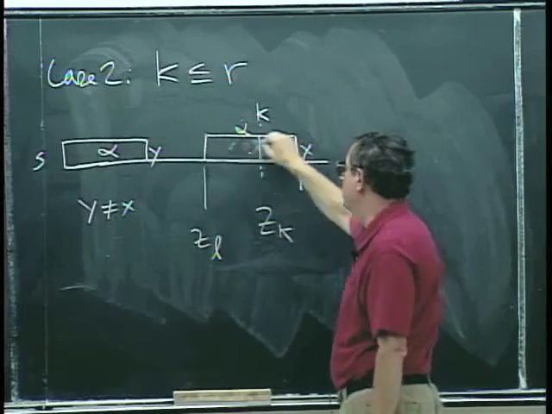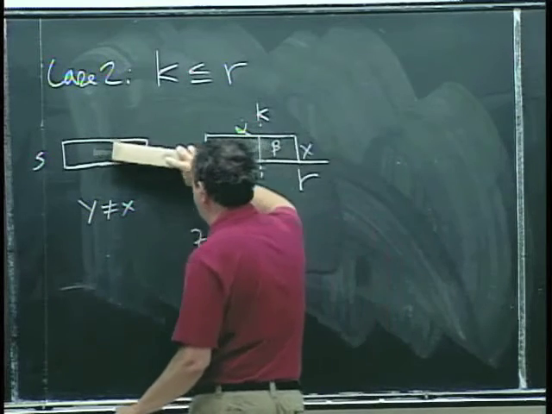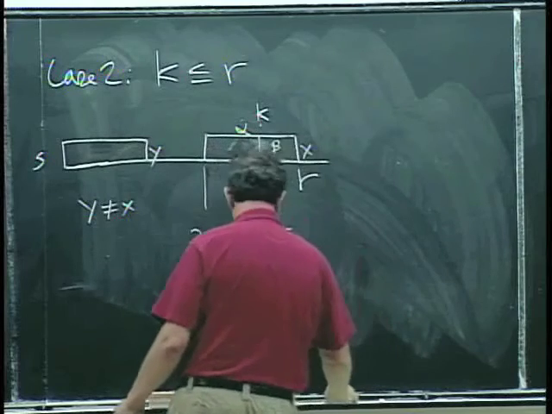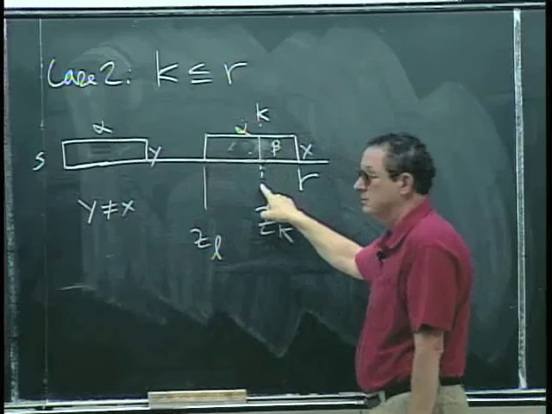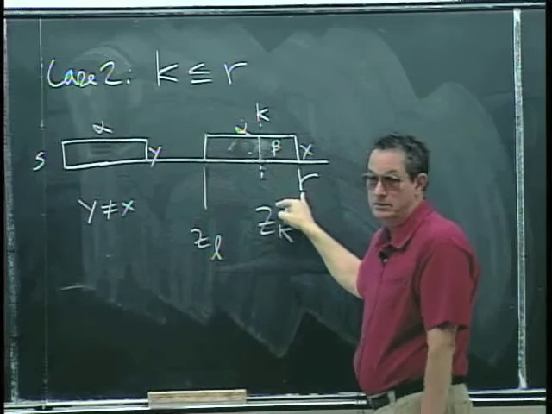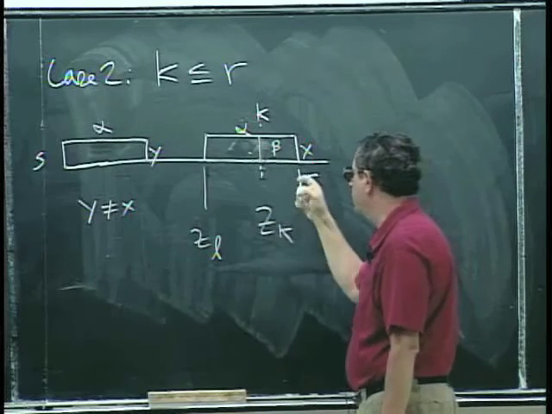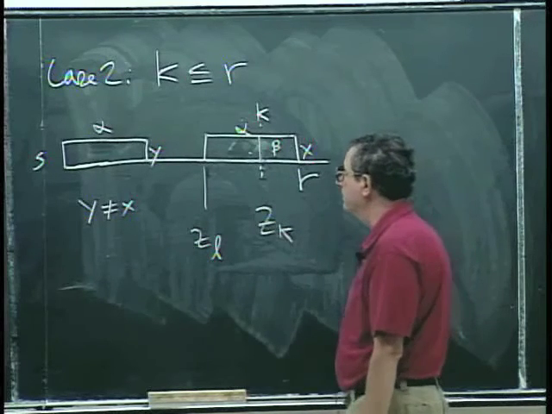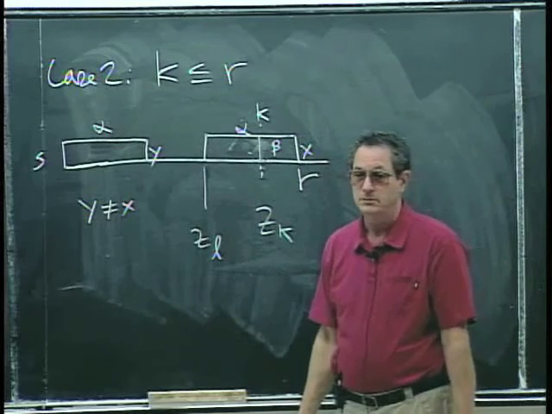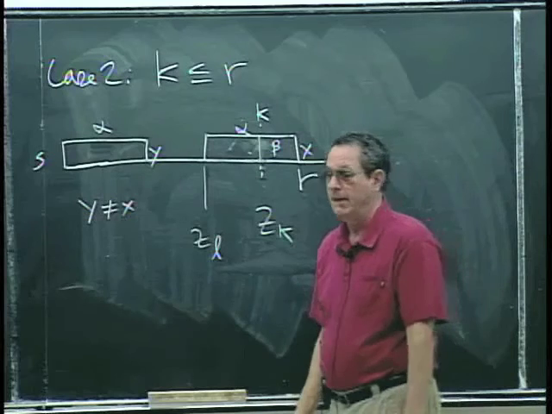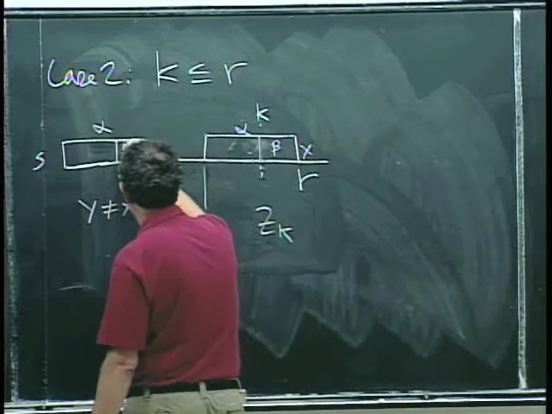Alpha is this entire substring, and beta is the substring that begins at K and runs to R. So beta is the substring beginning at K running to R. And where is another occurrence of beta in this picture? At the end of that alpha at the beginning? Right, because alpha is equal to alpha, so this has got to be another beta.